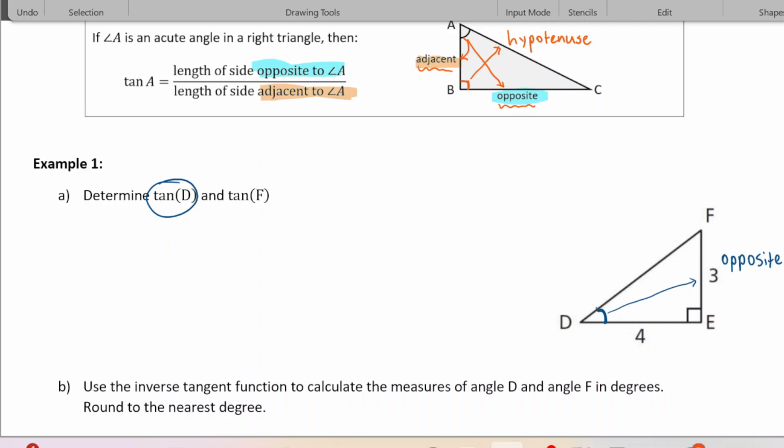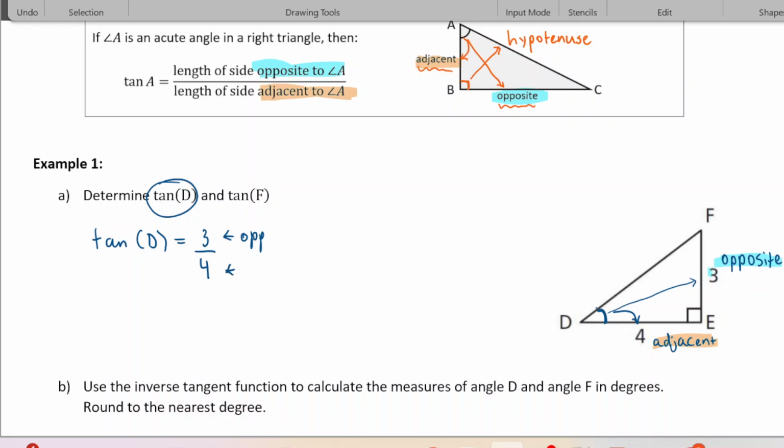So this is the opposite side when we're talking about angle D. And the side next to D is the adjacent side, right? Because it's right next to it. So if I'm writing the tangent ratio for angle D, it's going to be the opposite, which is 3, over the adjacent, which is 4.